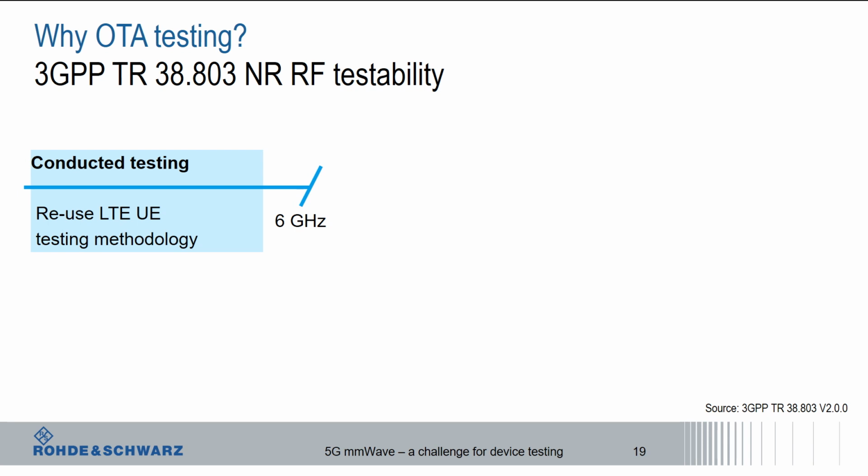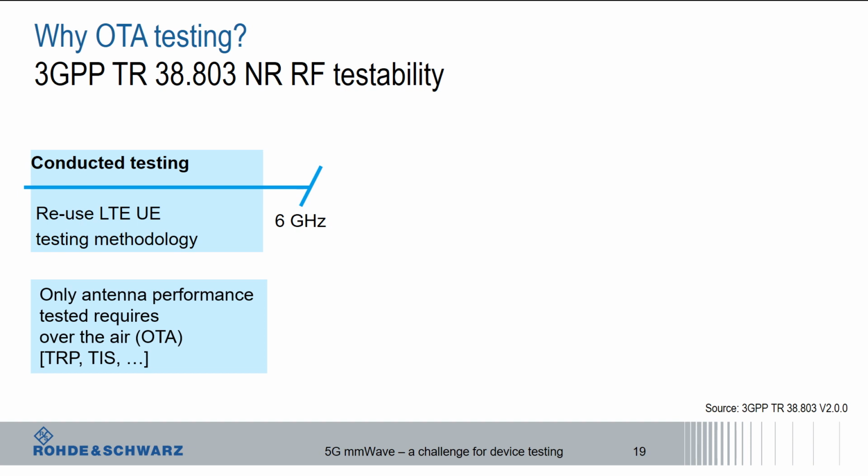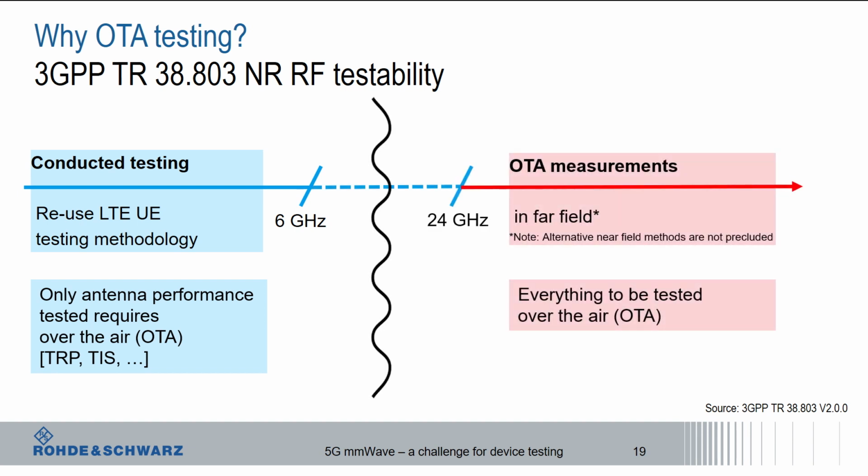We do it in a conducted way. There are, of course, exceptions from the rule, like antenna performance tests that we also did in the past over the air. Of course, we still do over the air. But in mmWave, everything above 24 gigahertz has to be tested over the air, and it means everything.